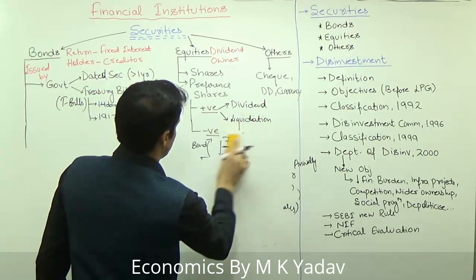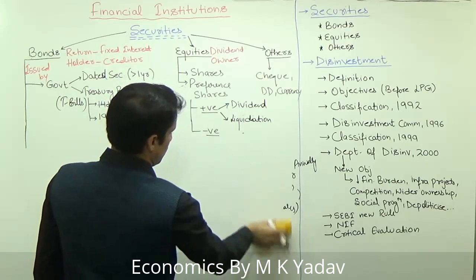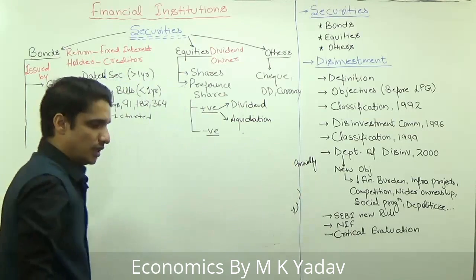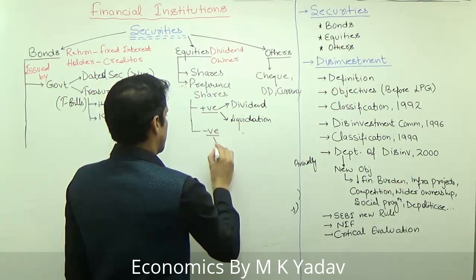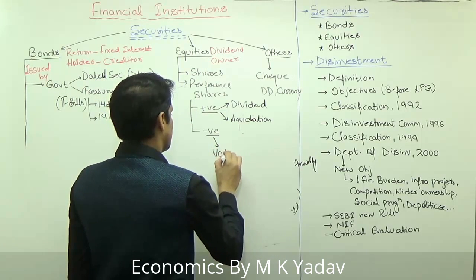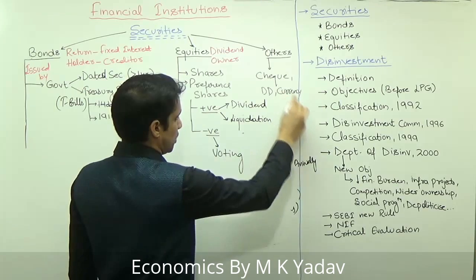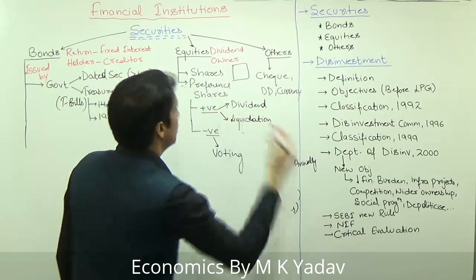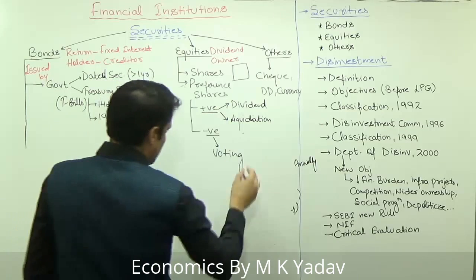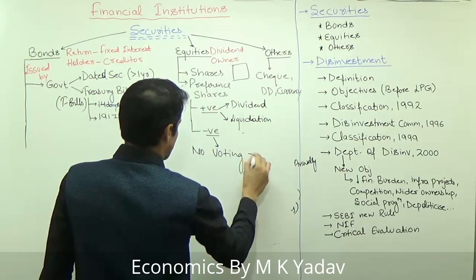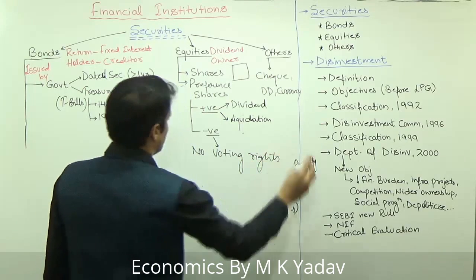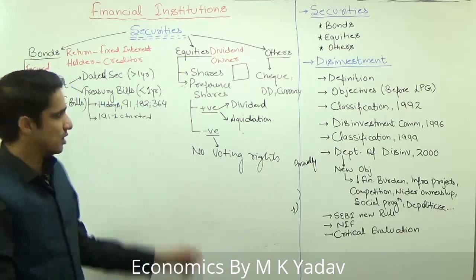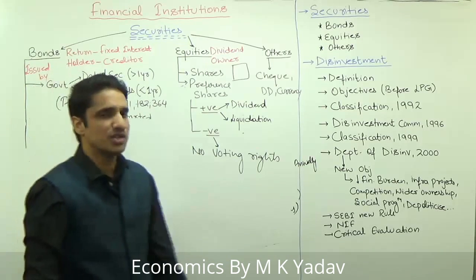Now if so much a positive thing about preference shareholders, what is the negative? The negative is you don't get the voting rights. We discussed during annual general meeting, these shareholders, they will go, they will decide, they will vote for the future policies of the company, but no voting rights are there in case of preference shareholders. So that is the negative thing of the preference shareholders.